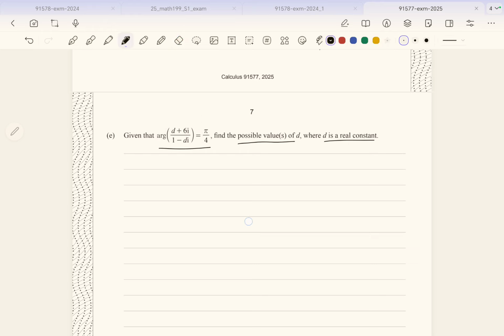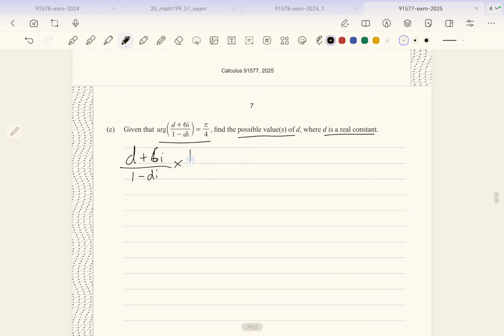So we write the expression first, then multiply by the conjugate, where the sign of the imaginary part's coefficient flips. So in this case, it's 1 + di. We are allowed to do this because we're effectively multiplying by 1.